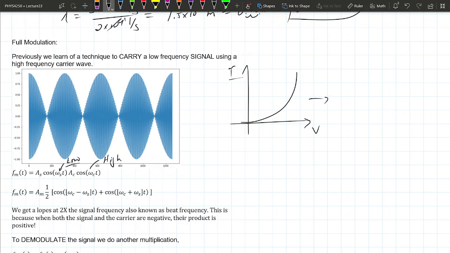A diode has this behavior where it's an exponential growth in current as a function of voltage. But if you invert that, voltage as a function of current, you end up with a log function. And I think a log function actually goes like this.